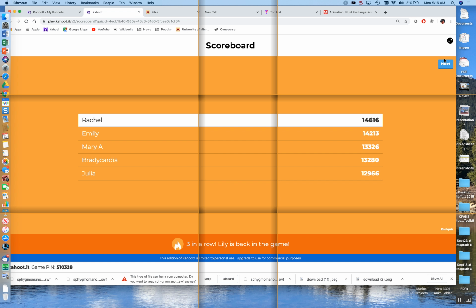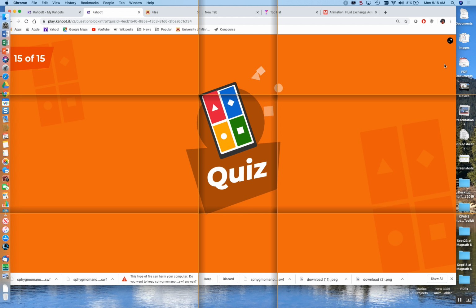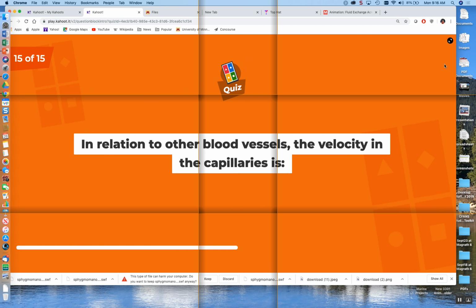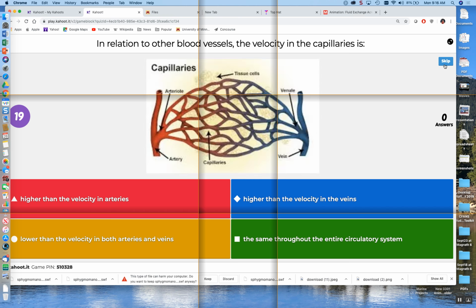And I think, Rachel, you're still on top here. Emily, and then Mary. I think this is our last one. Yes, this is the last one. In relation to other blood vessels, the velocity in the capillaries is higher than the velocity in the arteries, higher than velocity in the veins, lower than the velocity in both arteries and veins, the same throughout the entire circulatory system.